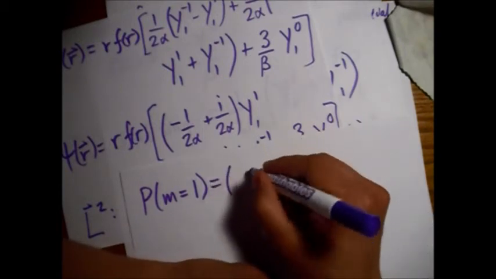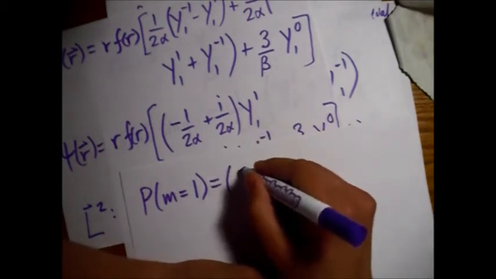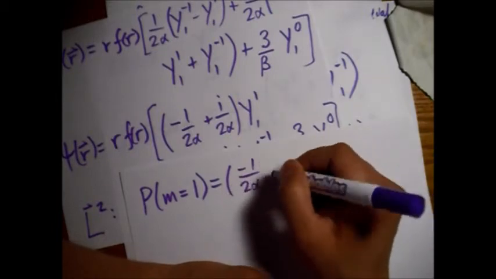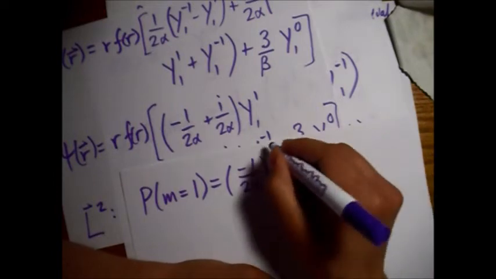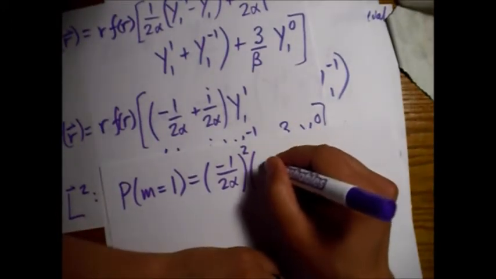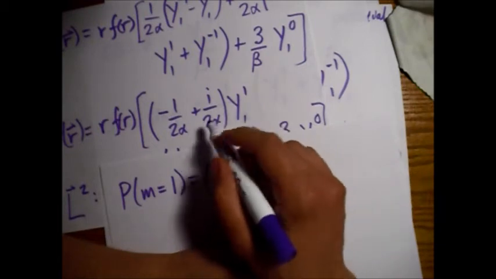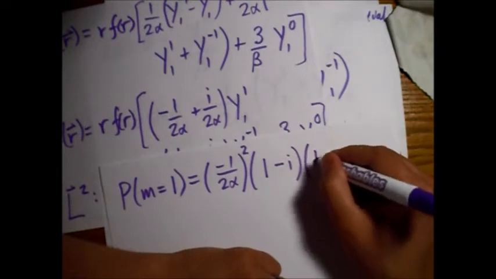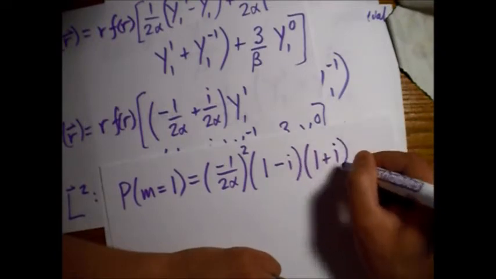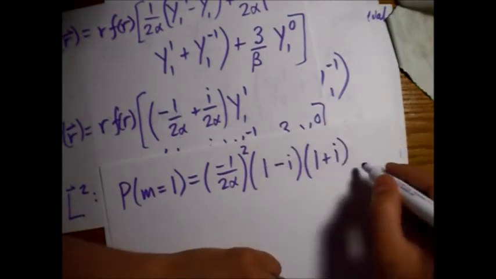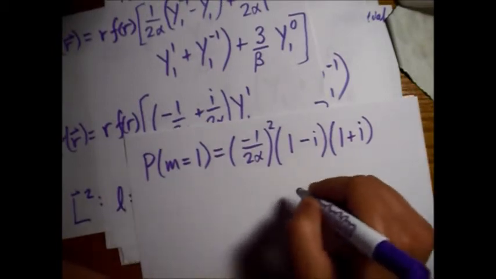So that is equal to, I'll write minus 1 over 2 alpha. You know what? Let's just factor this part out. All right, but there's a squared on it. So now we have a 1. I factored out a minus sign, so we have a 1 minus i, and then a 1 plus i. One of these is like the conjugate of the other. So this is our coefficient, the norm squared of it.